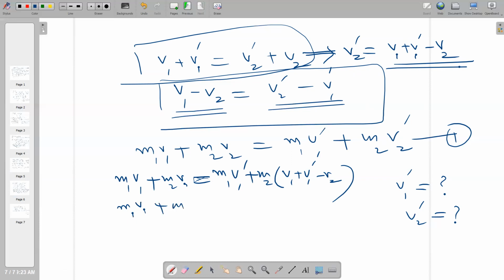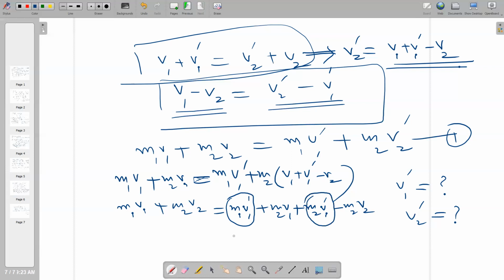Nothing will cancel. m1 v1 plus m2 v2 is equal to m1 v1 dash plus m2 v1 plus m2 v1 dash minus m2 v2. Now you can see I need v1 dash. So where is v1 dash? v1 dash is here, and here.